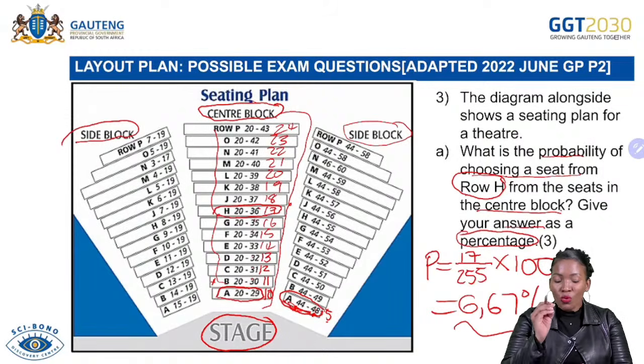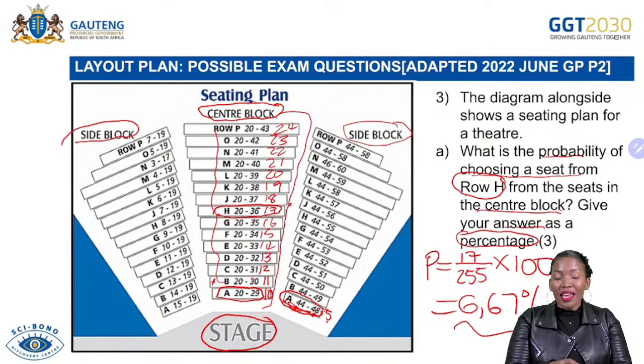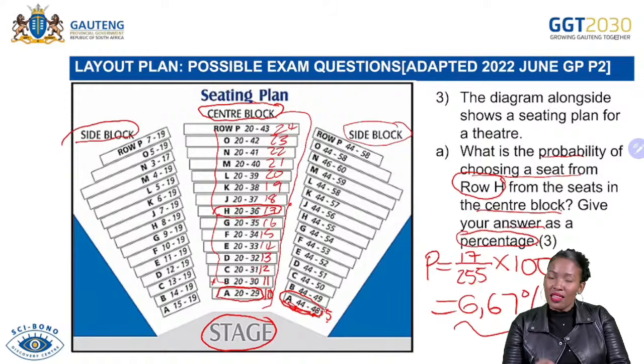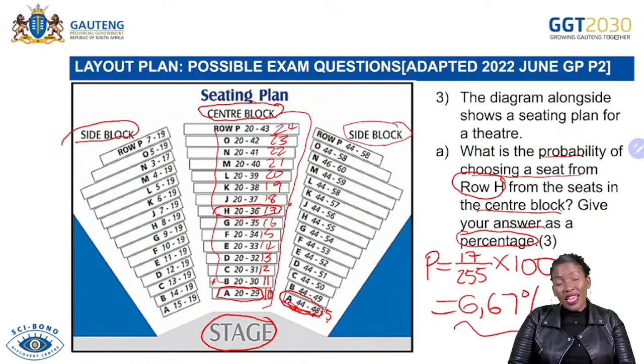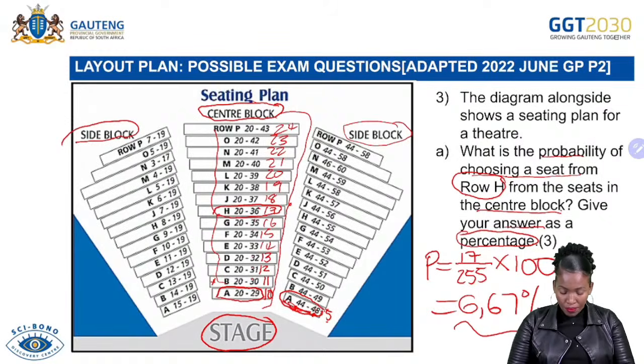People are lazy to count the number of seats that are given there. Sometimes it would be a stadium. You'll be required to count the number of seats in that stadium. Unfortunately, if you are lazy, you are going to want to guess and you cannot get marks for guessing because obviously your answer is going to be incorrect.